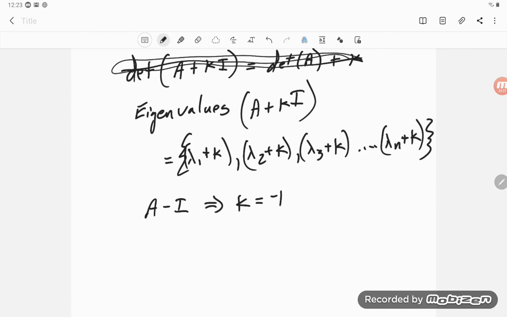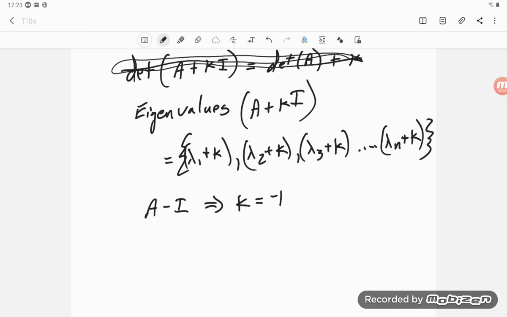Okay, so that made an eigenvalue 0, and as soon as one of the eigenvalues is 0, then we have a singular matrix. And so their remark there is really deep, actually.